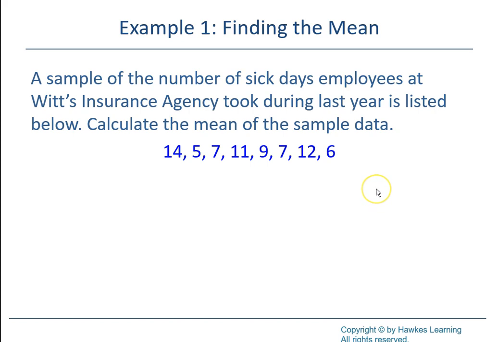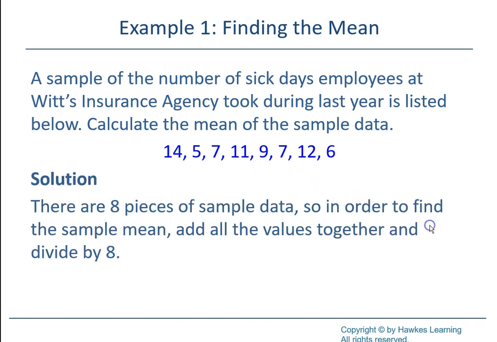So for example 1, take a moment. These are our items of data. This is the number of sick days employees at this insurance agency took last year. So there were 1, 2, 3, 4, 5, 6, 7, 8 items of data. So this would be the whole population in a sense, but it's done in a similar way as a sample.